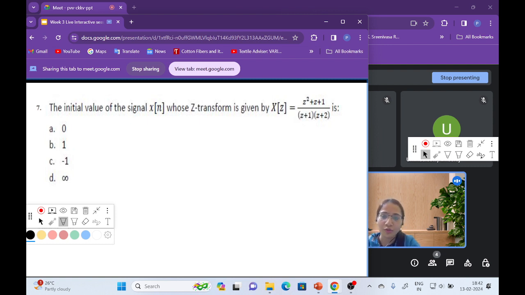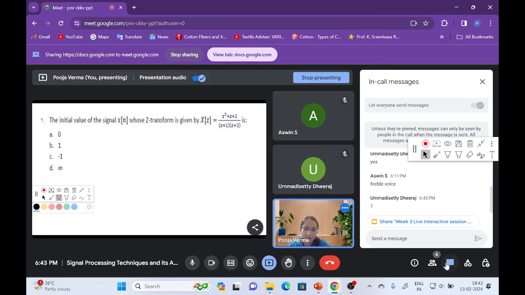So I'm giving again 1 minute so that you can solve it, otherwise I'm going to solve it. Okay, so let's wait for 1 minute. Would you like to give an answer in the chat box? 1.